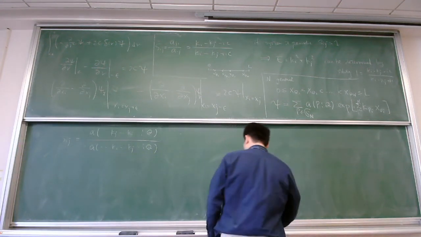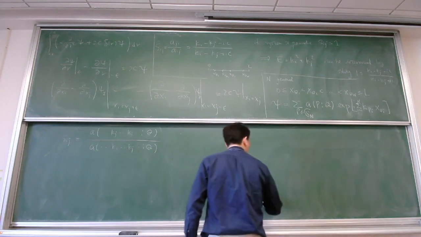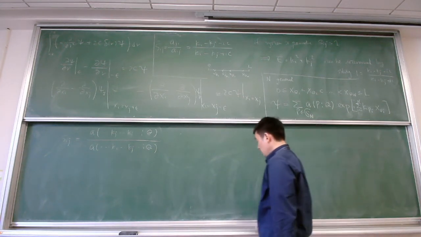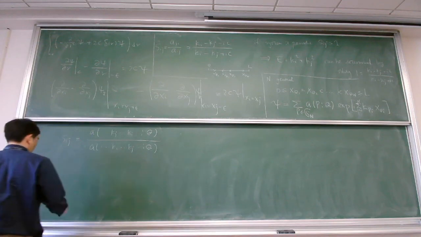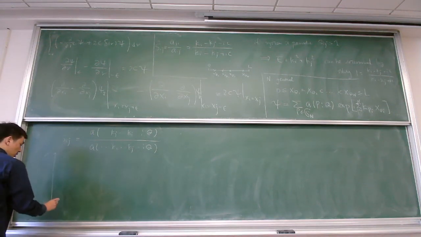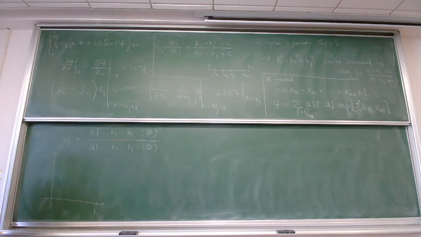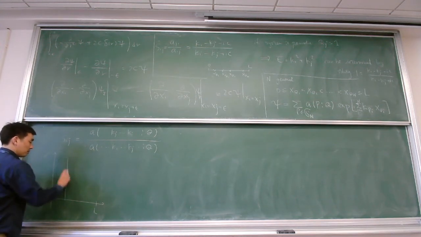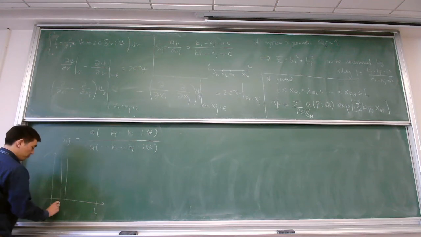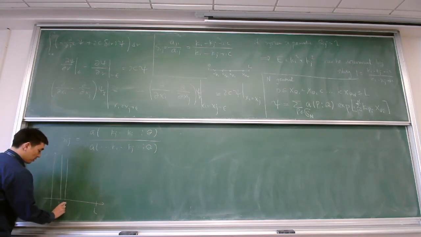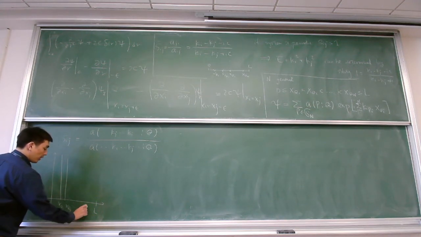Okay, and now we just do the following trick. You have a time direction, and then you have L. You have L here, and you have the particles xq1, xq2, and xqn.